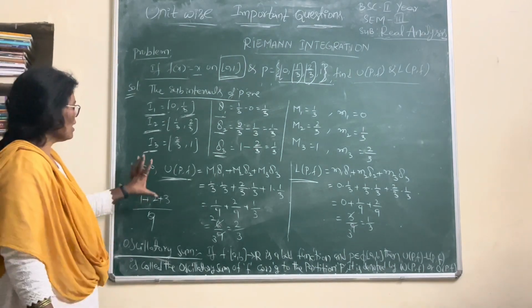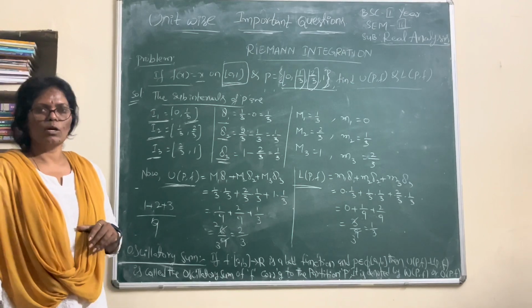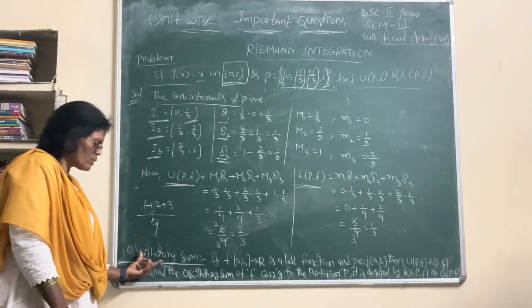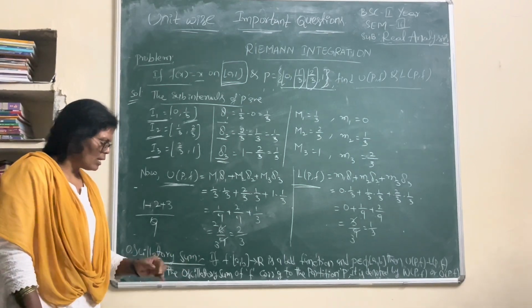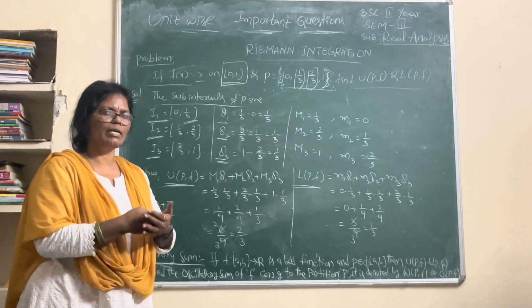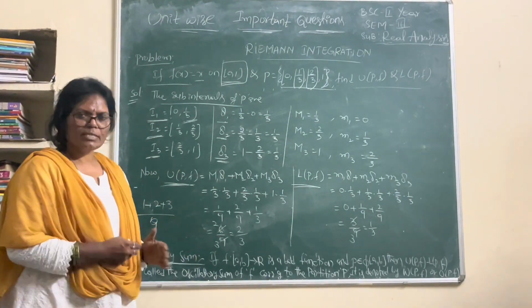Okay, this is the example for the upper Riemann sum and lower Riemann sum. Lastly, we'll discuss the oscillatory sum. The difference between the upper Riemann sum and the lower Riemann sum is called the oscillatory sum.